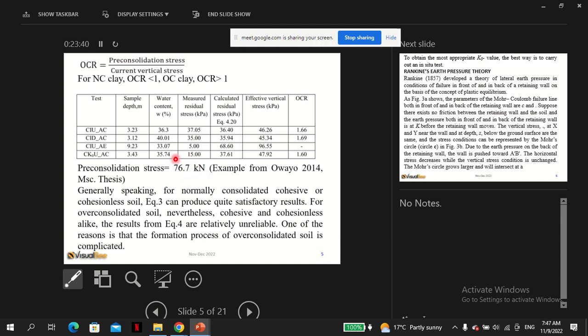The current vertical stress is less than 76, so it is over consolidated soil. Dividing 76.7 by about 46 gives about 1.7. Here an OCR of 1.66, when it's 45, an OCR of 1.69, and here an OCR of 1.6.